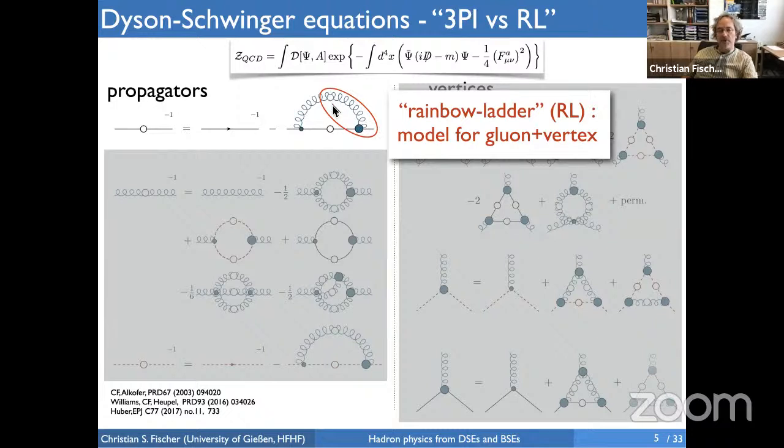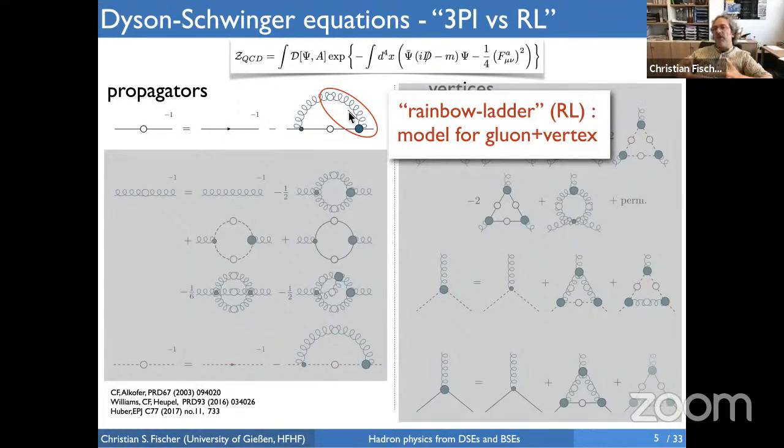And for reasons I don't have time to explain, this is called a rainbow ladder approximation. And then for this function, you just use a model, which actually contains 2 parameters, which you adjust to physics, usually to the pion decay constant, and one parameter can be varied.